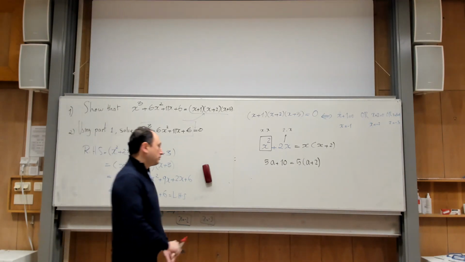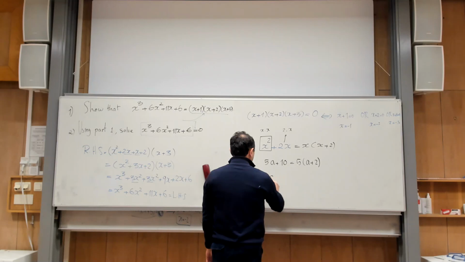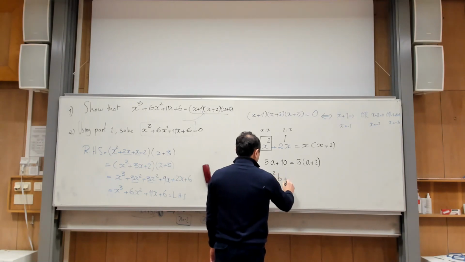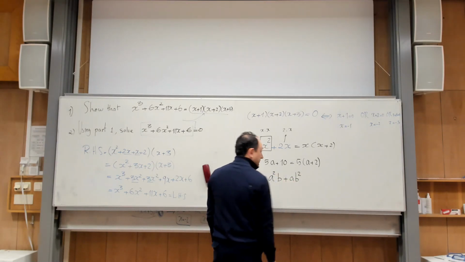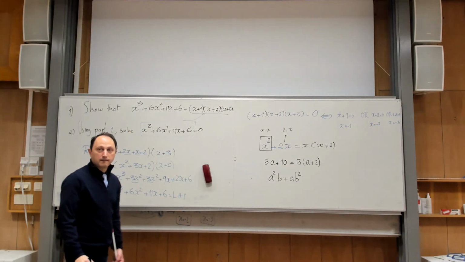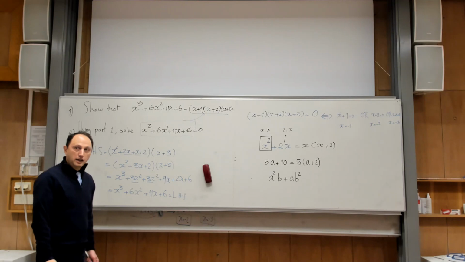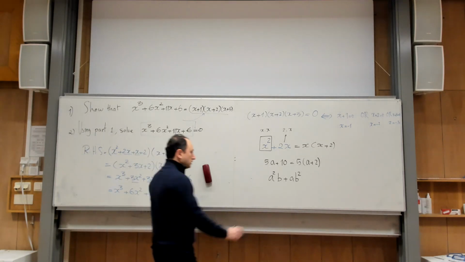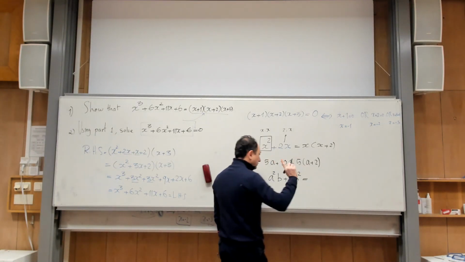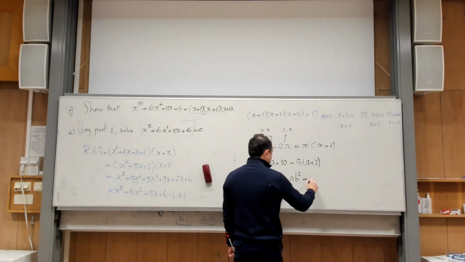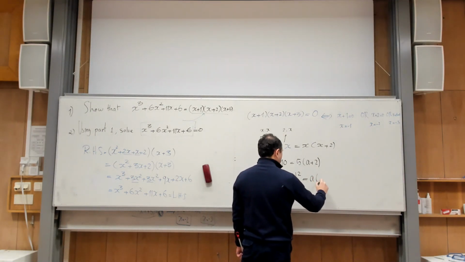Okay? So for example, can you write this as a product? A times (A plus B). Do you agree? So let me tell you something. How many of you agree with this?